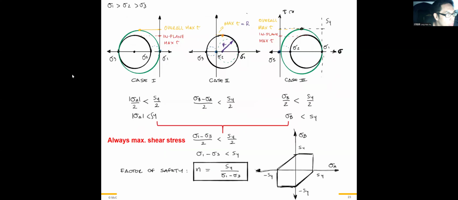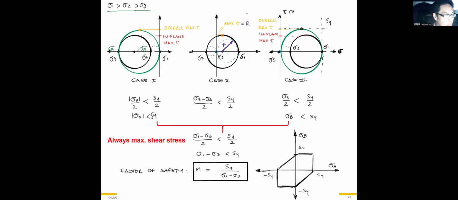Okay, so we follow the rule of thumb of mechanics: sigma 1 has to be greater than sigma 2, which has to be greater than sigma 3. This is the principal stress. Therefore, we can modify the symbols A, B to 1, 2, 3. So in case 1, we have sigma A here and sigma B here, and sigma Z equal to 0.